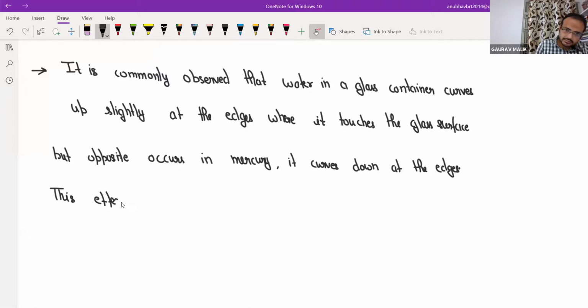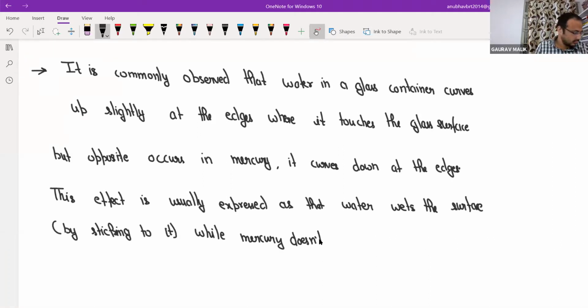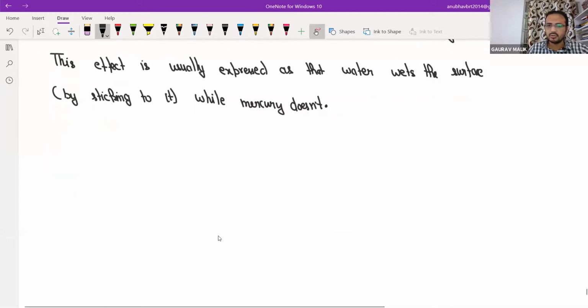This effect is usually expressed as: water wets the surface by sticking to it, while mercury does not. And the strength of capillary effect is quantified by the contact angle.